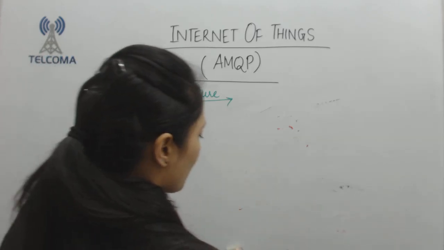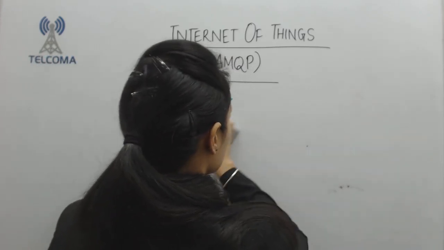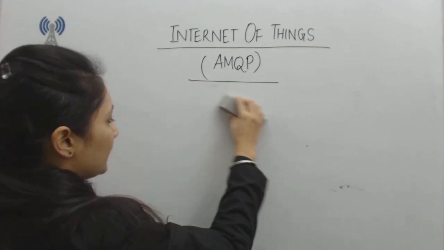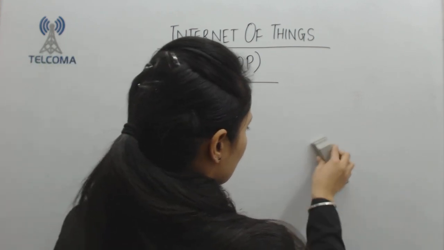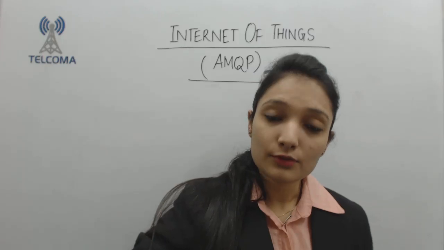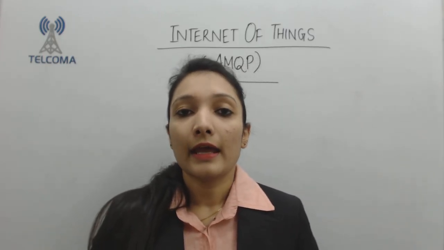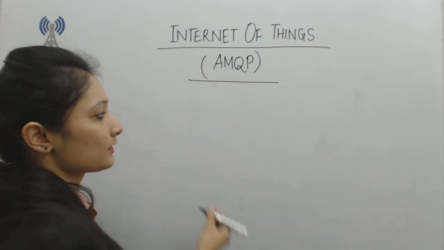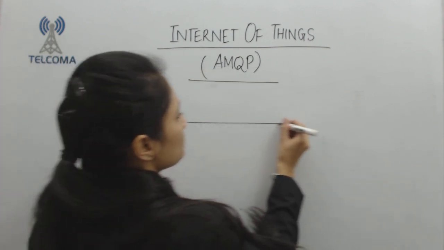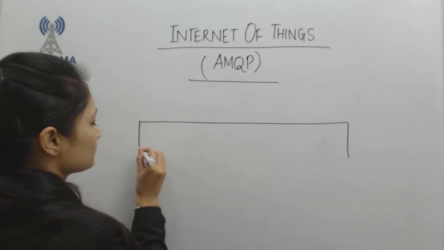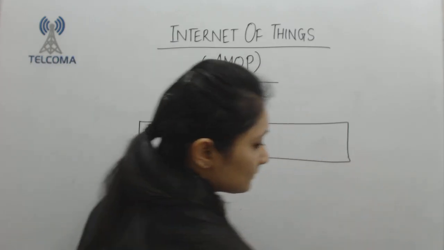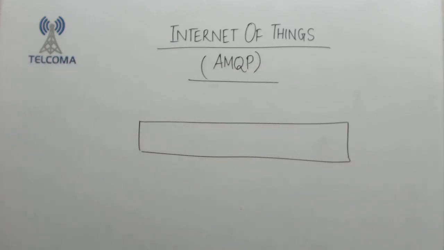If you talk about the frame of AMQP, each frame can consist of a header. Basically the structure is like this, like a typical frame.